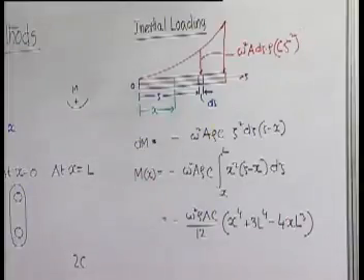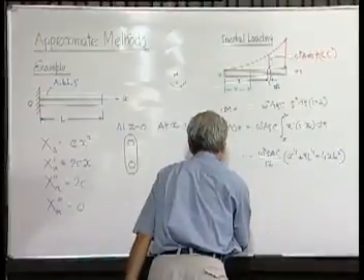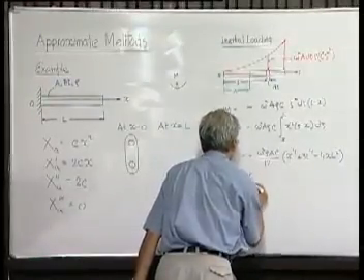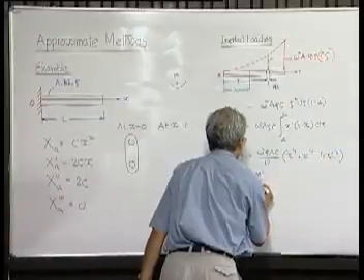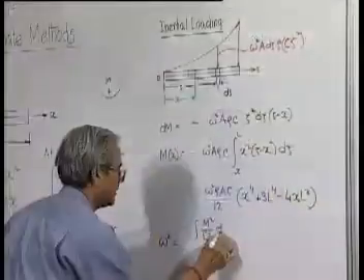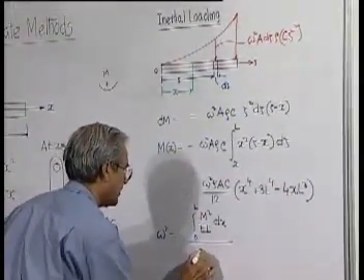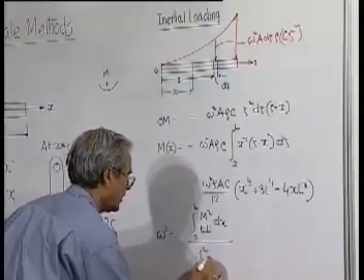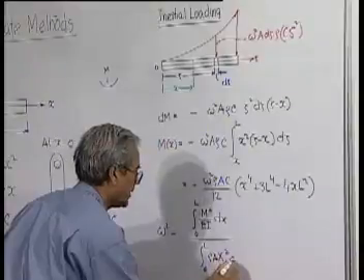Now, if we use this, omega square is equal to integral of M square by EI dx, x from 0 to L, divided by, again x is the variable, 0 to L rho A x a square dx.